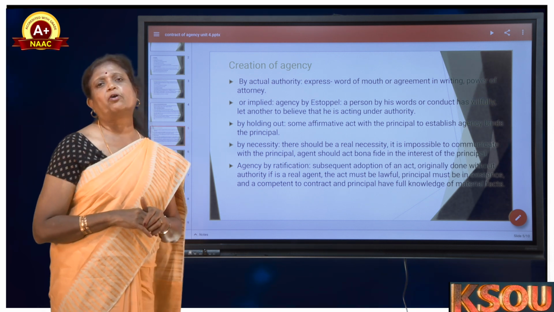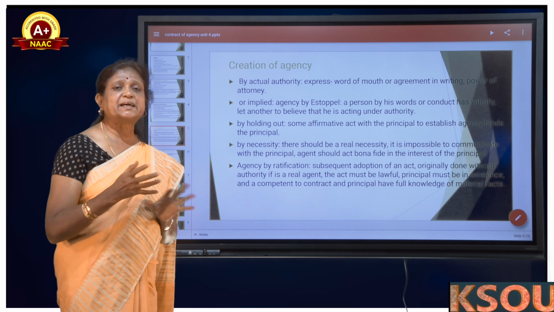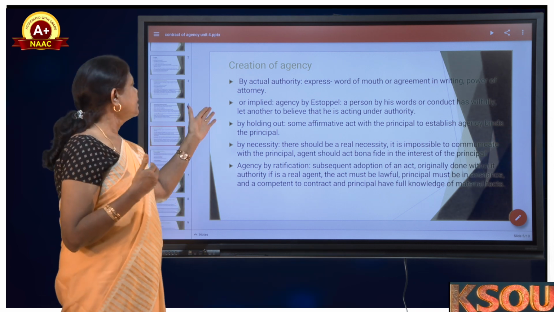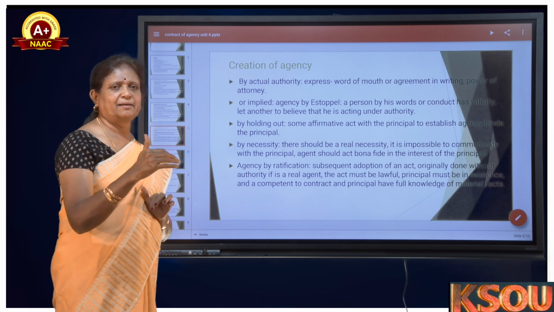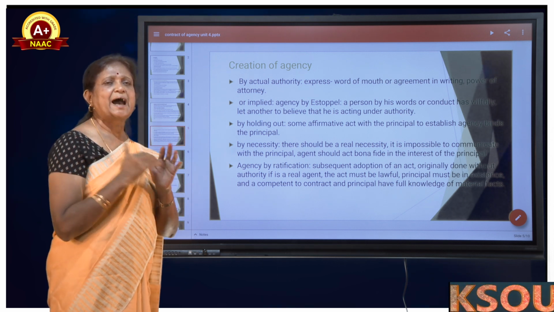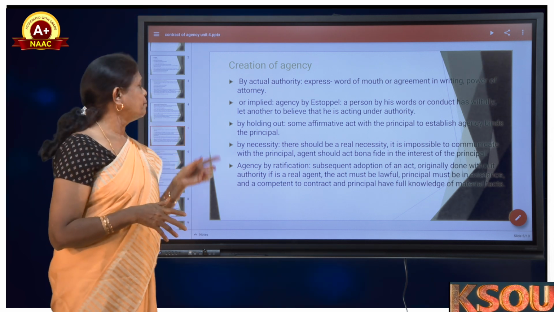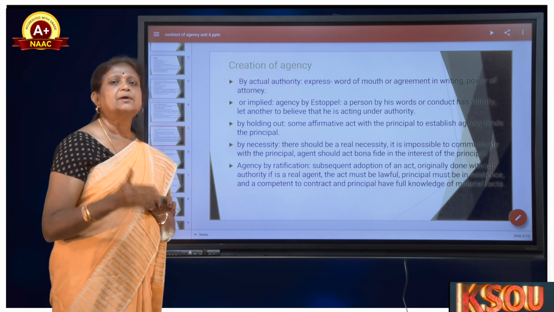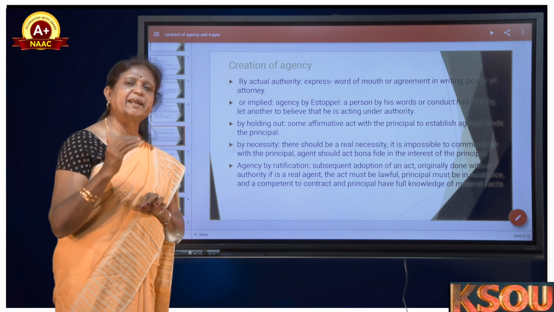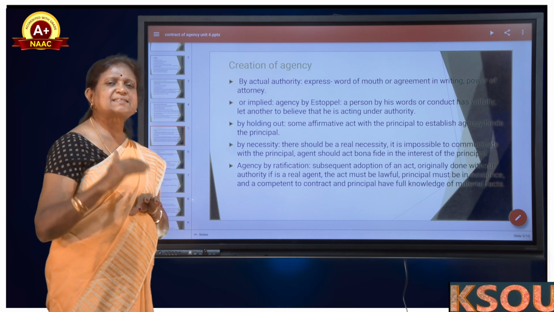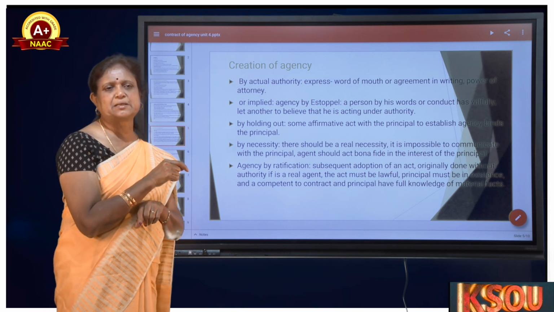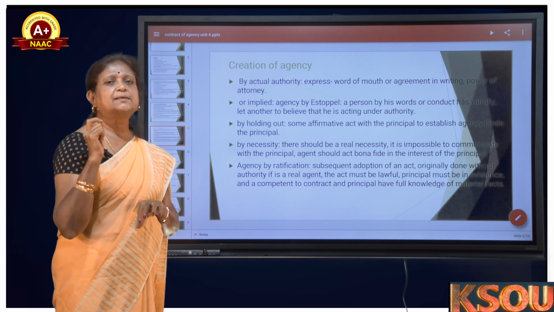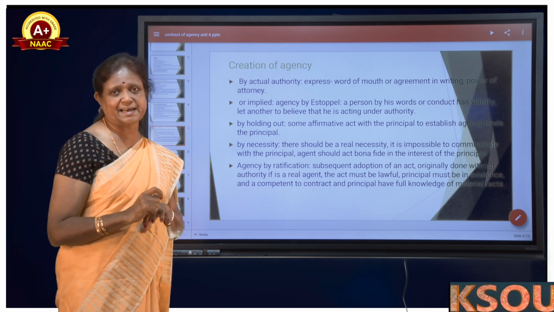Similarly, by the doctrine of holding out. Holding out is nothing but, in the case of the rule of estoppel, the principal acts towards the third party as if a person is an agent. But in case of holding out, a person who is not an agent of a principal makes the third party believe that he is an agent of the principal, and based on that the third party enters into a business transaction.